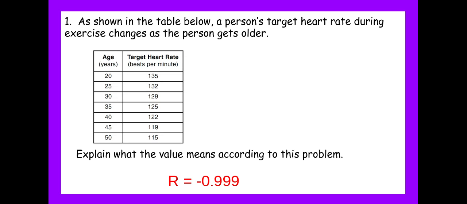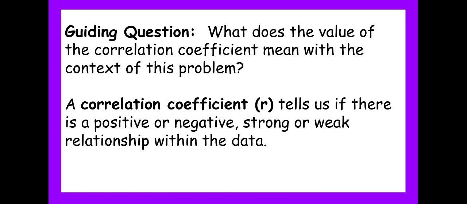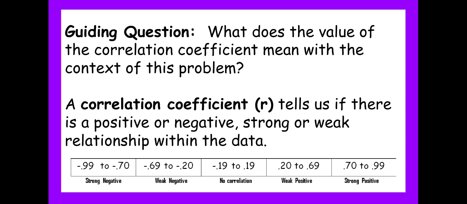Number 1 says, where's that slide? Right here, sorry. What does the value of the correlation coefficient mean with the context of the problem? So a correlation coefficient, or R, tells us if there is a positive or negative, strong or weak relationship within the data. I just want to recount. We talked about a scale of different correlation coefficients.